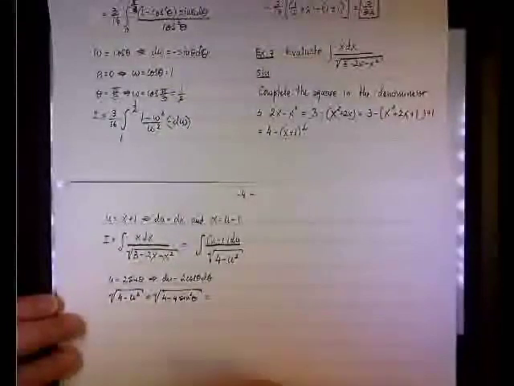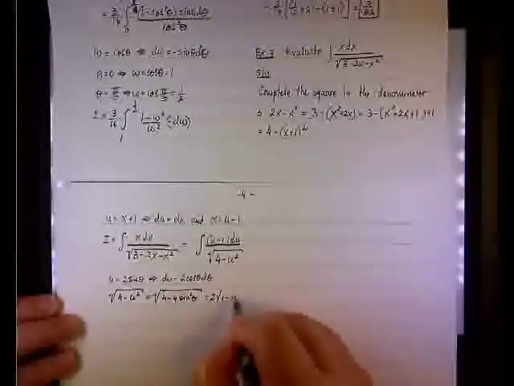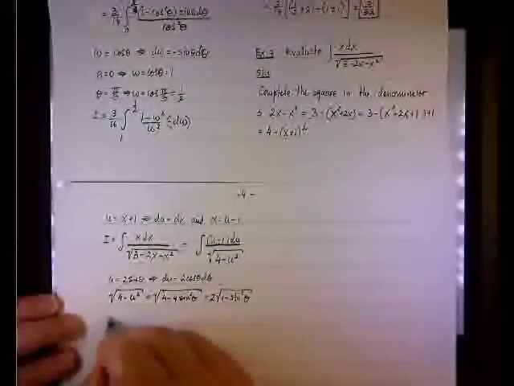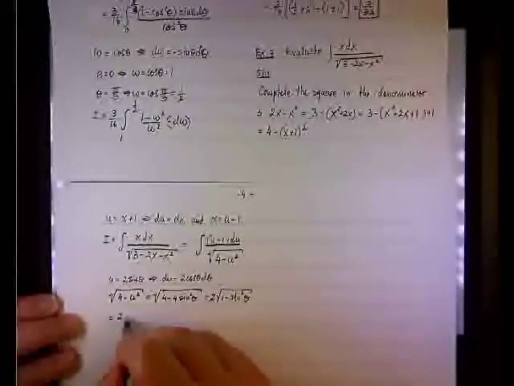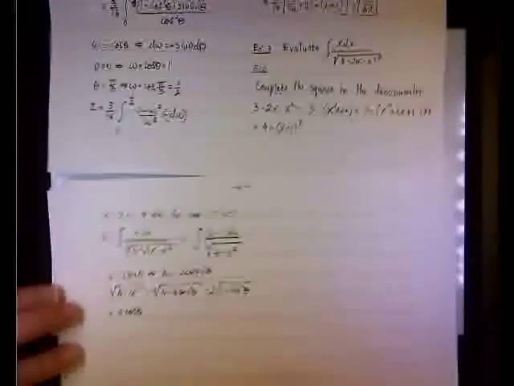And factor out the 4, take its square root, so you have 2 square root of 1 minus sine squared. And of course, this will be the cosine squared. So the square root of the cosine squared is the cosine. So the denominator now looks like 2 cosine theta.